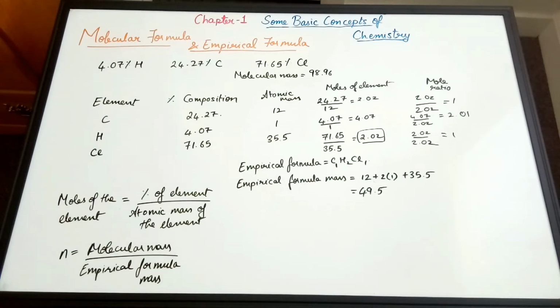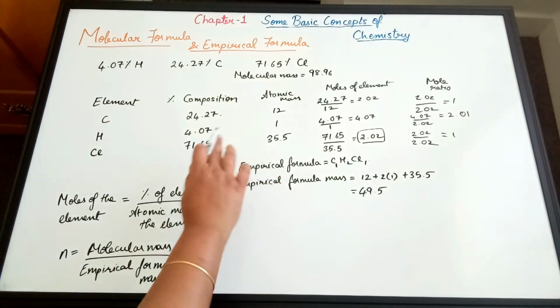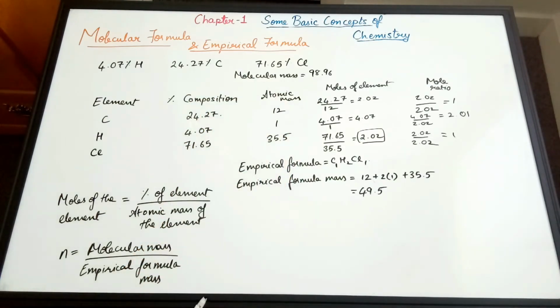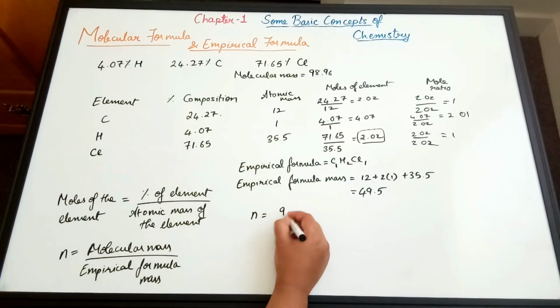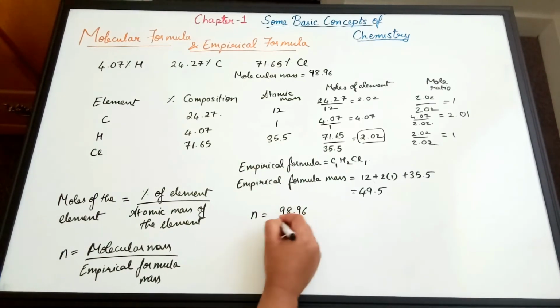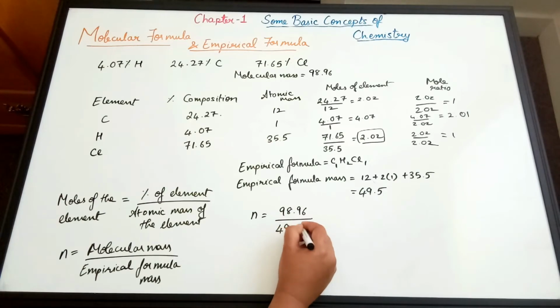So we already calculated the empirical formula mass, which is step number 5. Next we need to determine the molecular mass. In some cases you won't be given the molecular mass, you might be asked to find it out in various ways, and in that case you'll have to do that, but here you have been given it as 98.96. Then you need to determine the value of n. So n equals the molecular mass 98.96 divided by 49.5.